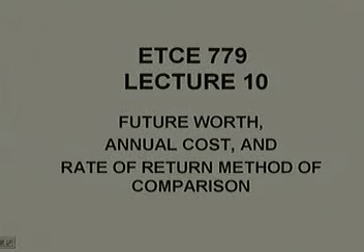In the previous lecture, we discussed different situations in which the computation of present worth is desired. We saw the situation in which different alternatives had equal lives. In case 2, we saw situations in which alternatives had different lives.